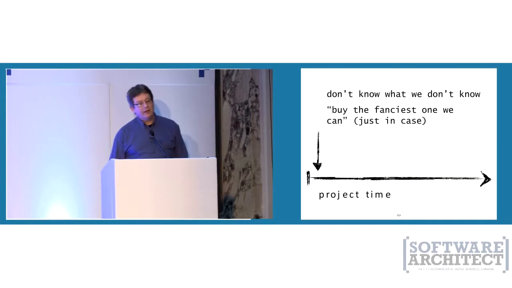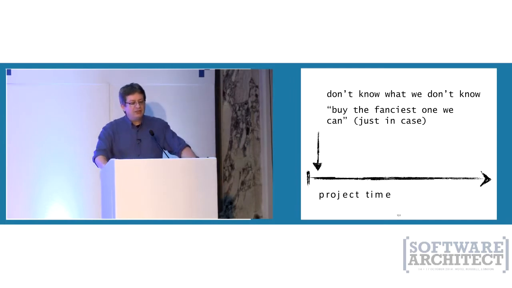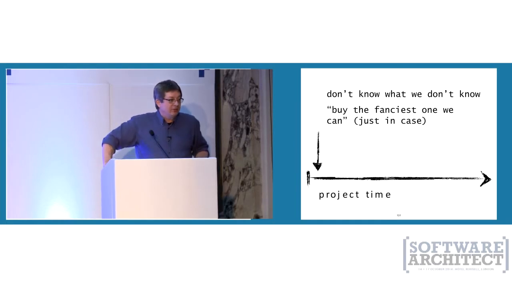So let's see what happened there. So remember what I said before, that on projects, at the very beginning of the project, the main characteristic is you don't know what you don't know. And so the knee-jerk reaction in many organizations is, well, let's just buy the fanciest one we can just in case, and we'll grow into that capability.